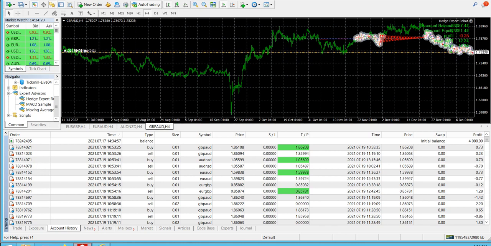GBP AUD and Euro AUD will go in almost a similar direction, and if AUD is strong, then GBP would be down, Euro will be down, and NZD would be down, right? So one pair will impact these three pairs that we are using. That is the reason I would like to reiterate that we should use cross pairs, with different kinds of pairs, not two pairs together.